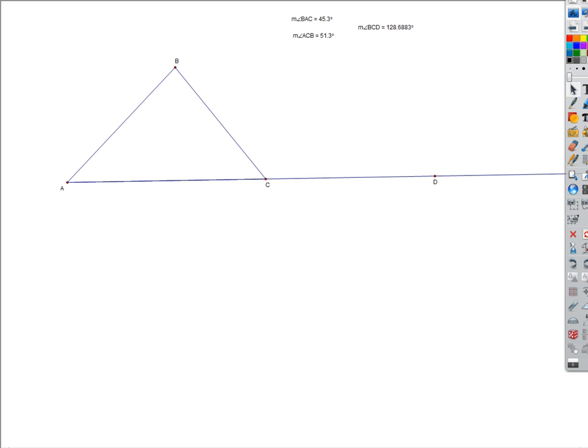Okay, so one of the relationships is pretty simple. I want you to notice something here. It's hard to see in the back, and I can't make these bigger for some reason. But I've got a triangle, and a point that's on the extension of one side of the triangle.